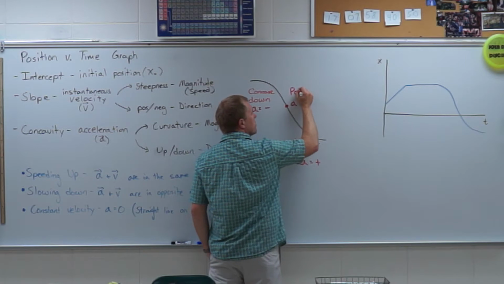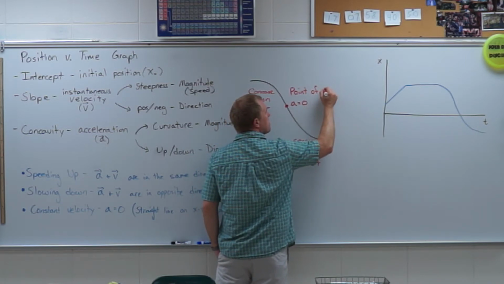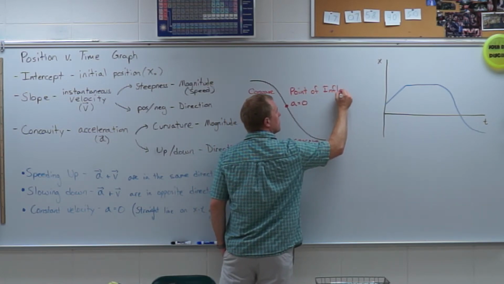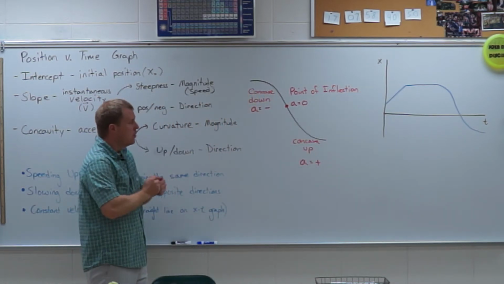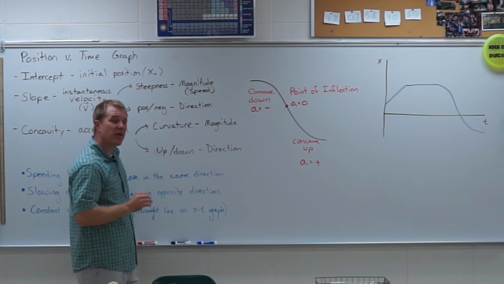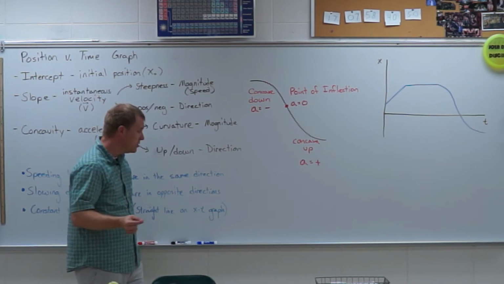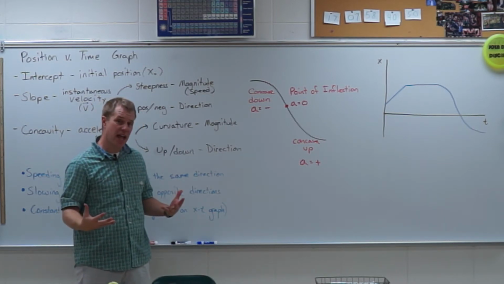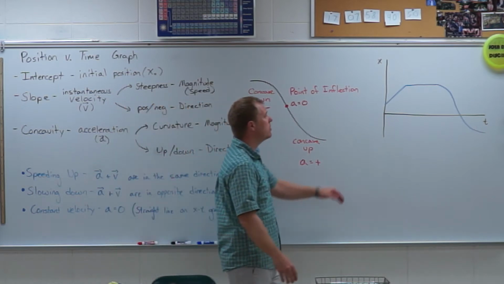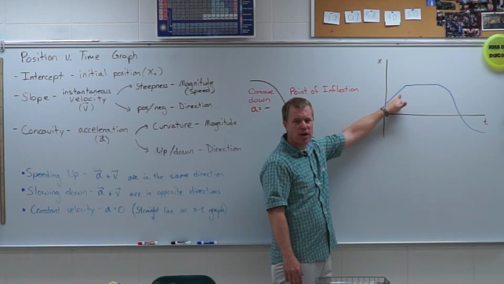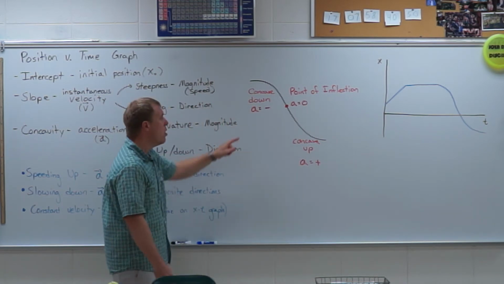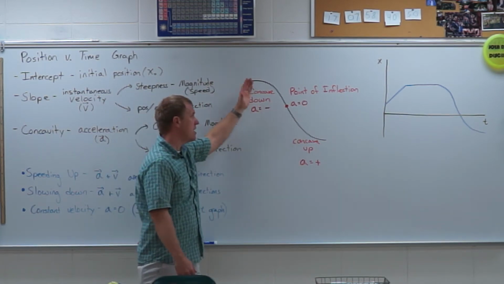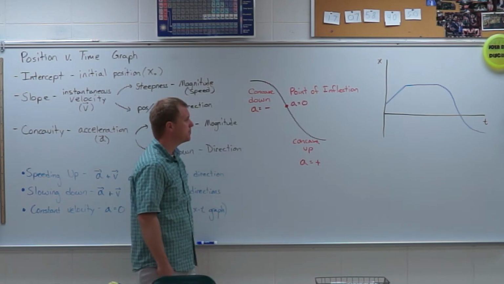This is my point of inflection. Acceleration can also be 0 if there is no concavity. Okay, so an example of no concavity would be a straight line. So if there is no concavity, acceleration is 0, or points between concave down and concave up.